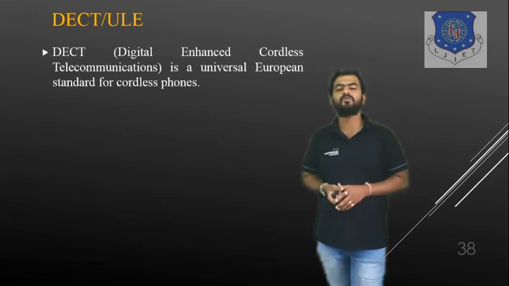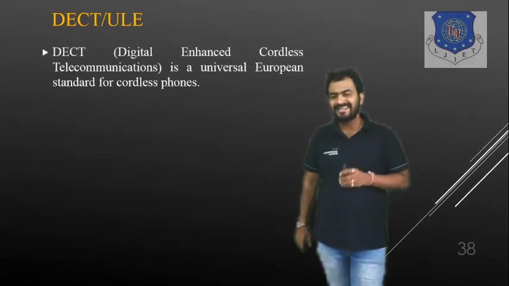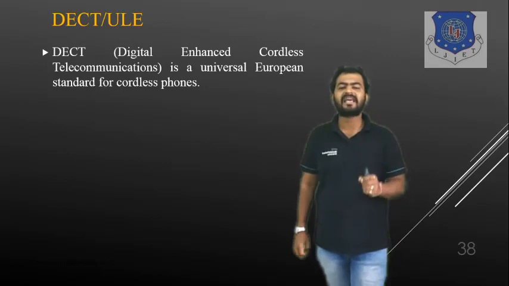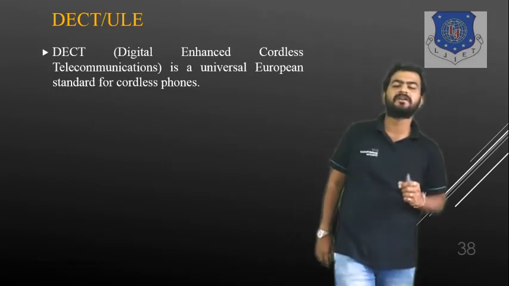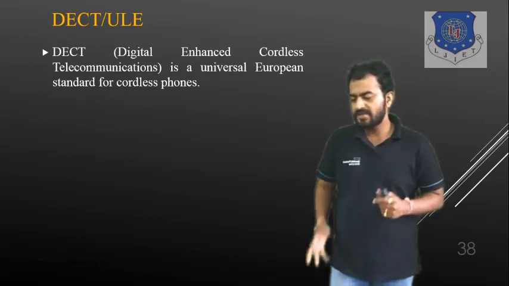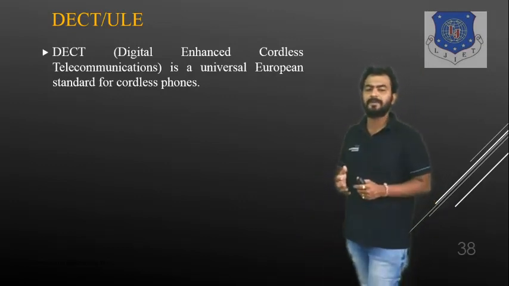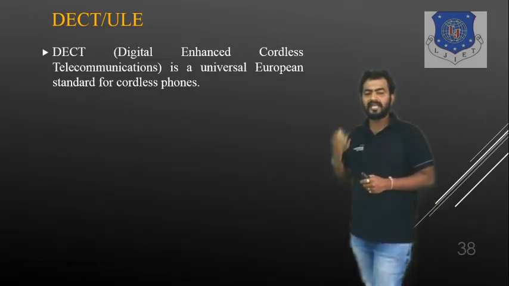DECT and ULE. DECT is Digital Enhanced Cordless Telecommunication. It is a universal European standard for the cordless phone. You have already seen the cordless phones that people have been using for a few decades.